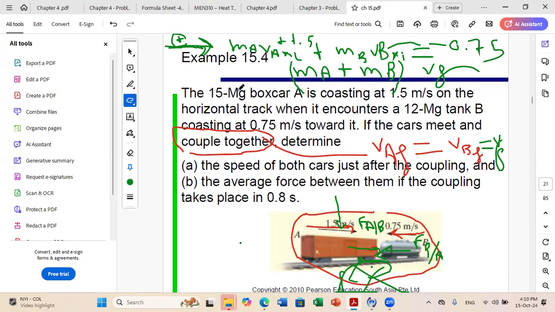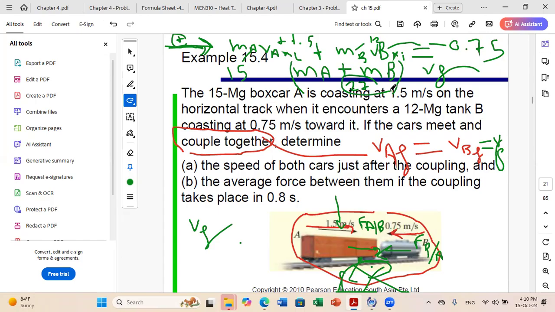So no need even to convert. So you can use here 15, here 12, and here the summation 15 plus 12, 27. So the unit of mass will cancel out, okay? And you can find the expression of V final. V final is 15 times 1.5 minus 12 times 0.75 over 27, the total mass of A plus B. This will give you the final velocity of your system.